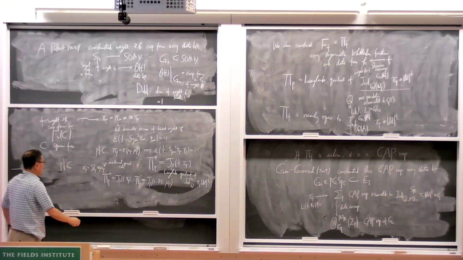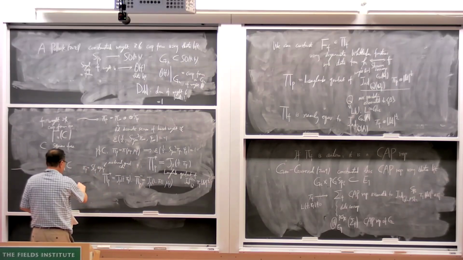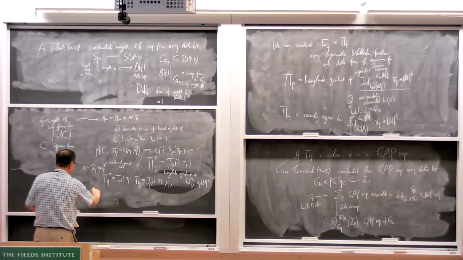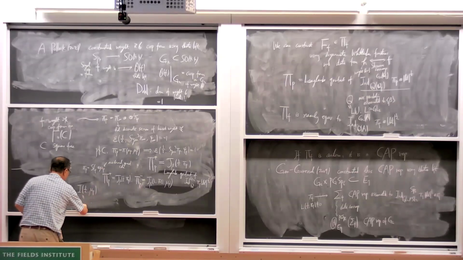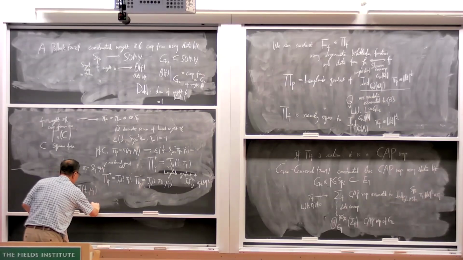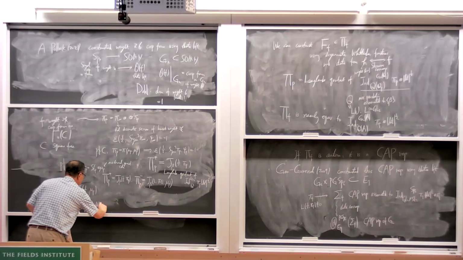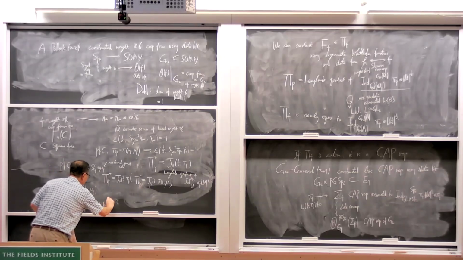This is because of the reducibility of the degenerate principal series. This is the degenerate principal series from P to G2, mu_p determinant 1/2.